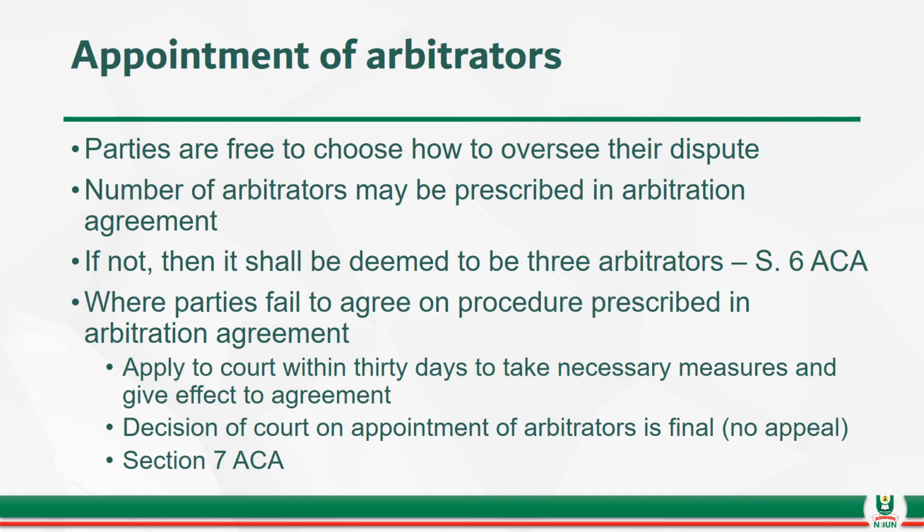Then what the party should do is not to sit and wait or seek damages for the waste of time. They should just apply to court within 30 days and ask the court to take the necessary measures to give effect to the arbitration agreement and appoint an arbitrator or arbitrators. Where the court gives a decision, their decision will be final. The other party cannot appeal.